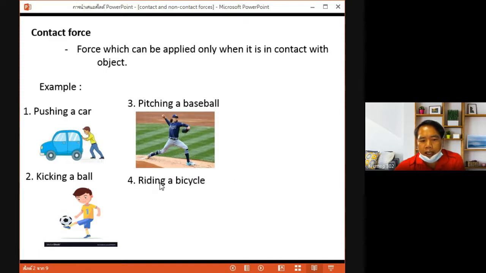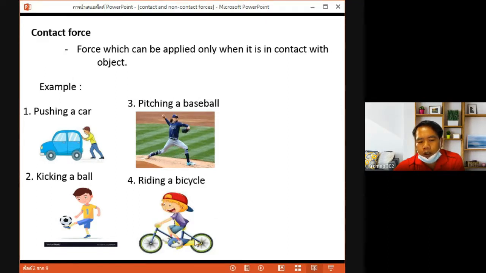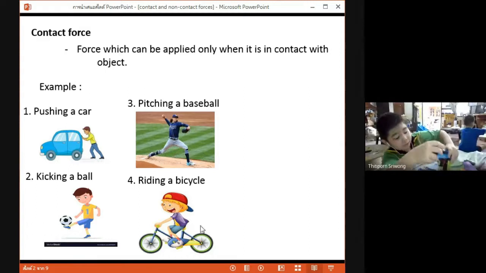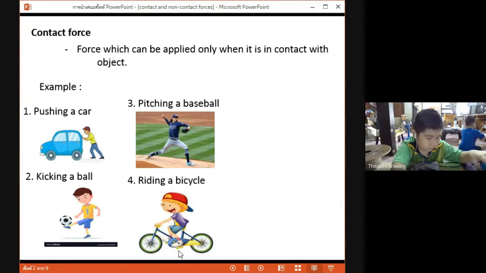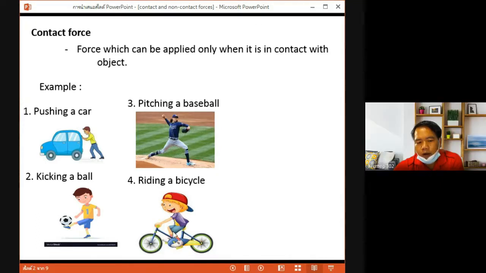Another is riding a bicycle. Riding a bicycle is an example of contact force because without the rider, the bicycle will not move. So we have here the rider to make the bicycle move.